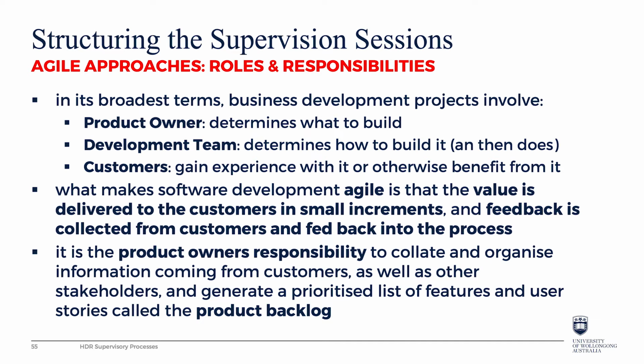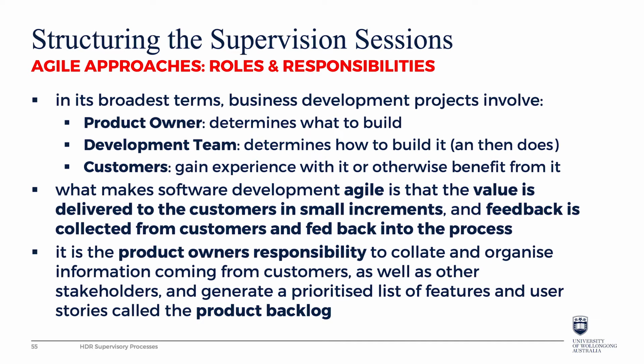Well, of course, we don't really have customers and product owners, but we do have supervisory teams and we do have what we imagine are going to be the requirements that examiners will use, effectively the customers, for PhD supervision. And it might be worthwhile looking at these roles and responsibilities for HDR supervision from an agile perspective.